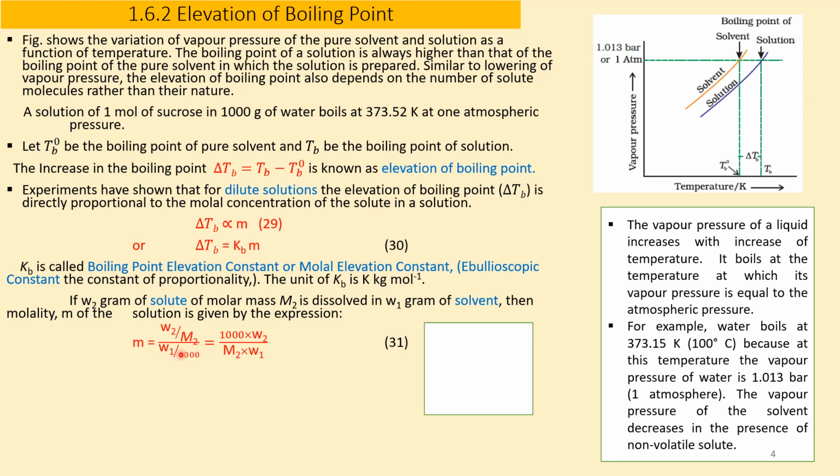Here the value of W1 is taken as 1 kg. So that can be rearranged as 1000 W2 divided by M2 into W1. Here capital M2 is the molar mass of the solute.